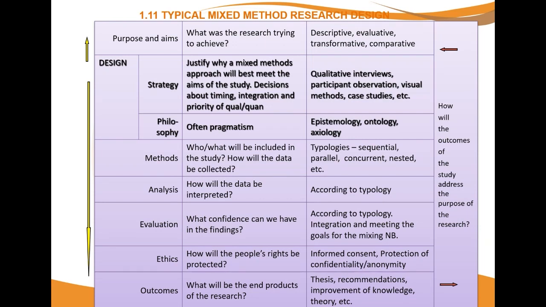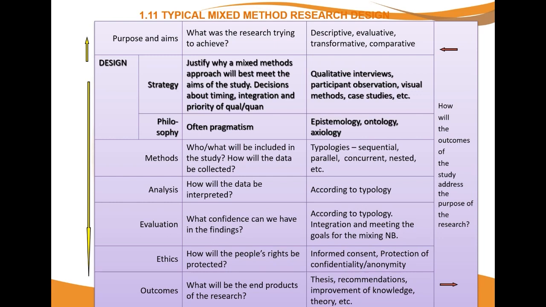Next, mixed methods. Your philosophy is often pragmatism, although there are many other philosophies, such as realism, that also underlie mixed method. Just make sure that when you're going mixed method, you understand which philosophies, which ontologies, epistemologies, and axiologies actually speak to them.